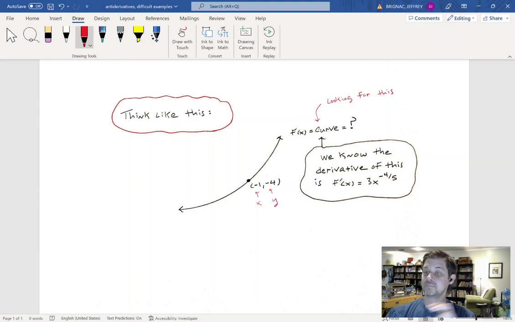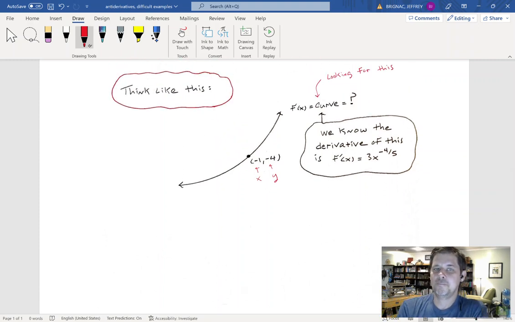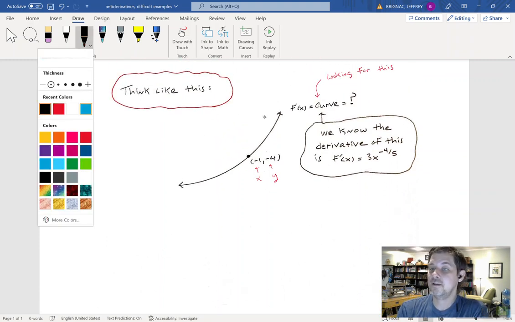All right, so let's break this down into two steps. One, if I know that the derivative of this function is 3x to the -4/5, then the function itself is the antiderivative. So let's break it down into steps like this.